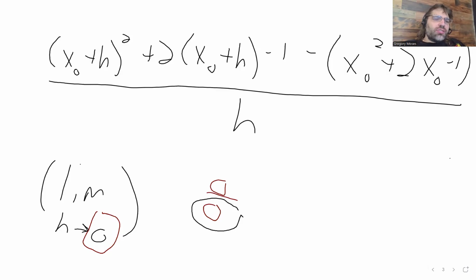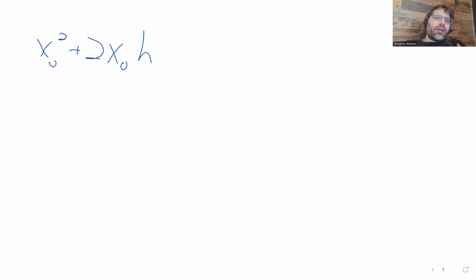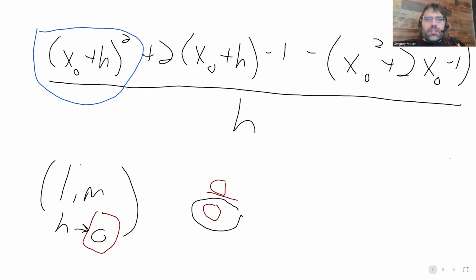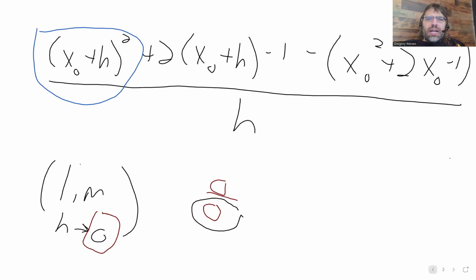And I'll just take this piece by piece. Let's FOIL that out. x sub 0 squared plus 2 times x sub 0 times h plus h squared, plus 2 times x sub 0 plus 2 times h, minus 1.